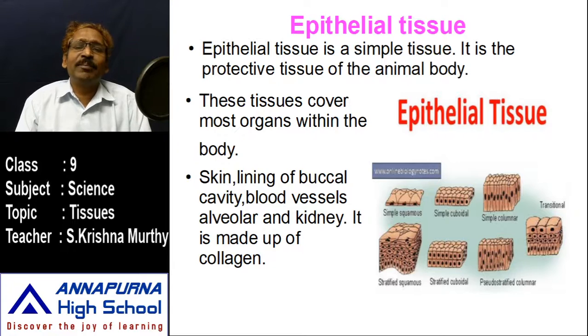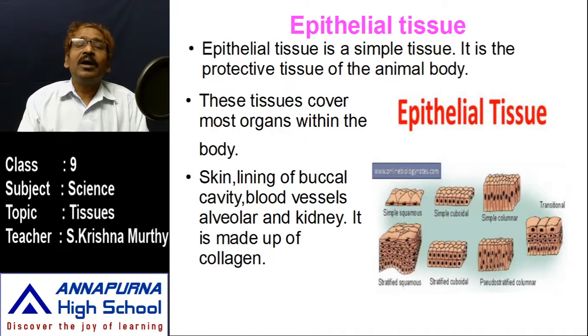Epithelial tissue is a very simple tissue in our body. Complex tissues are there, very complicated tissues, but this is simple because it is laid all over the outer side of the body parts. According to the location where the epithelial tissue is present, it is divided into different kinds. What is the major function of the epithelial tissue?